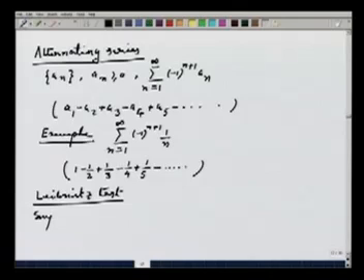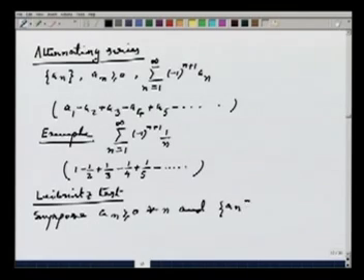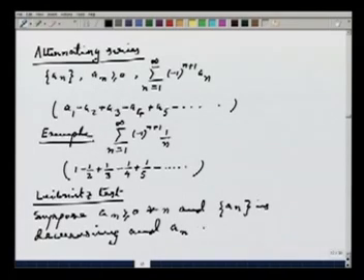Suppose a_n is non-negative for all n and the sequence a_n is decreasing and a_n converges to 0.